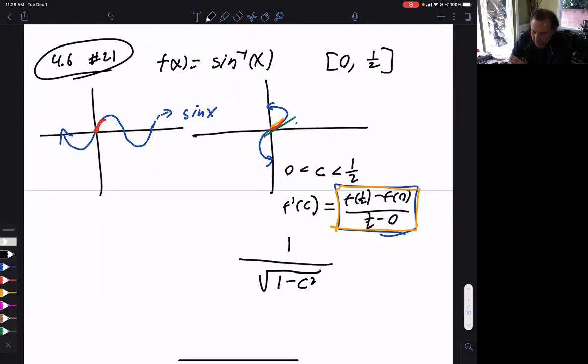That's part of your knowledge. So what's f at 1/2? If we put a half here, it's asking what angle has a sine of 1/2? A sine of 1/2 occurs at pi over 6. That's pi over 6.